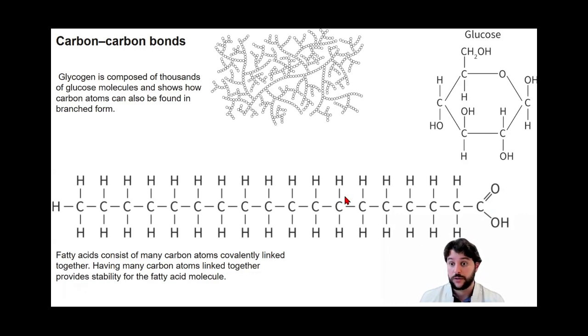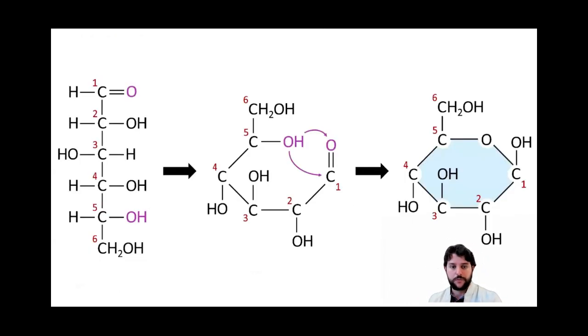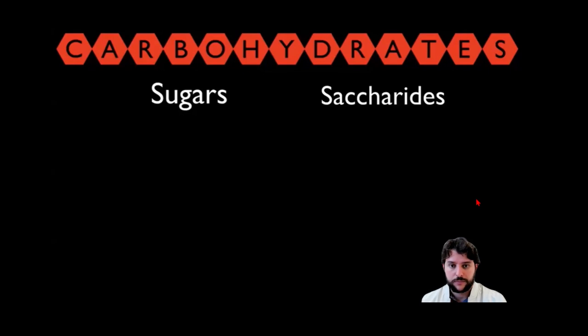So we can clearly see some differences between them. This is just one example of how this sugar, glucose, is made. We can demonstrate it in a linear form with the 6 carbons, or in a circular form as shown here on the right.